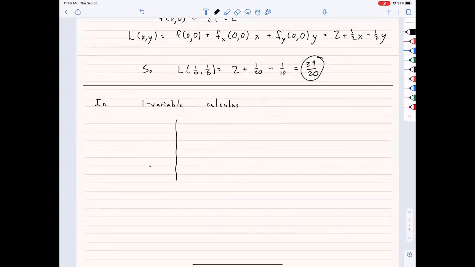We had a function f, and it was some nice smooth function, and we took a value c, and we found the value of f at c. So this whole thing will be y equals f of x, and then we tried to find the tangent line, right?